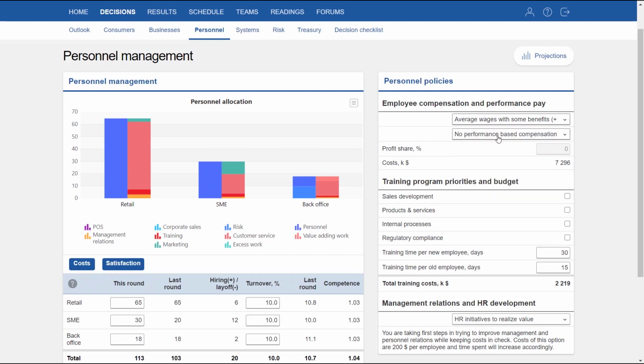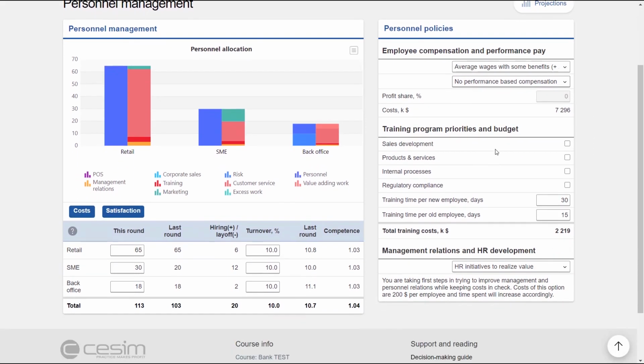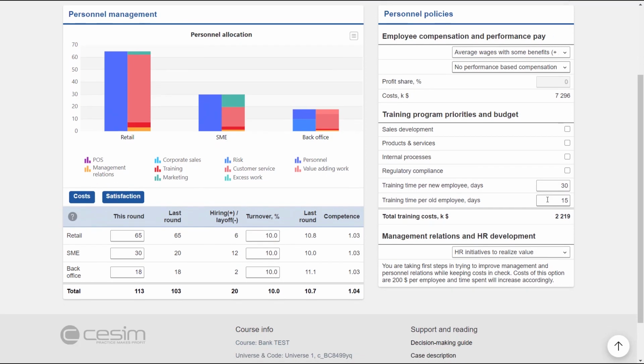And then I can also decide to include performance-based component in the compensation. Then I decide what kind of training priorities I have, and I also decide how much time I have per new employee and how much time per old employee.